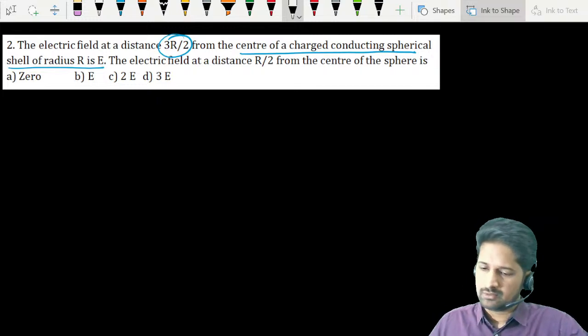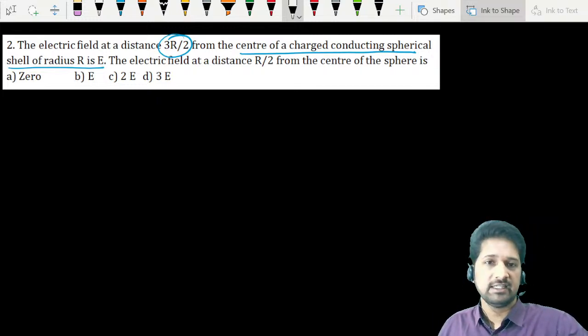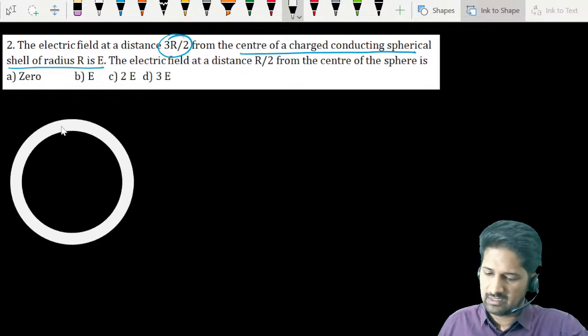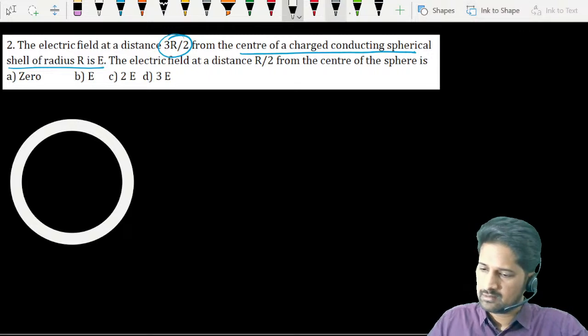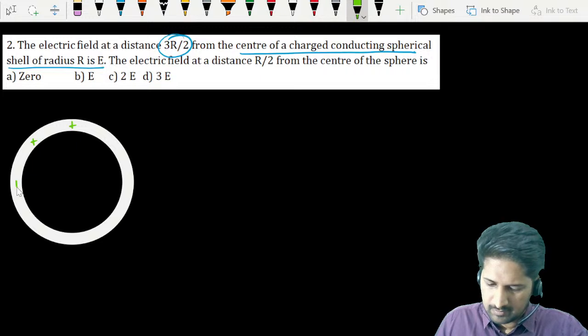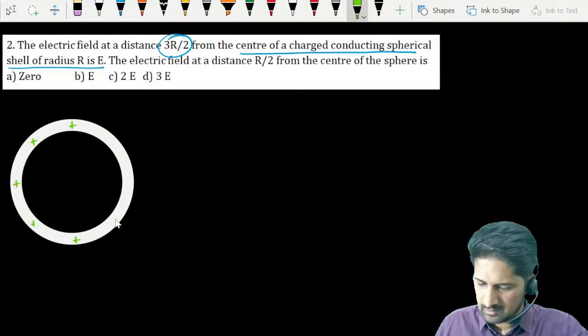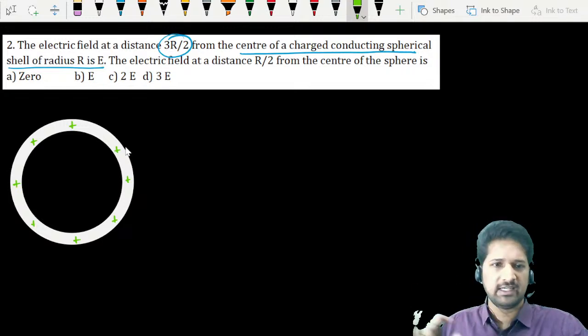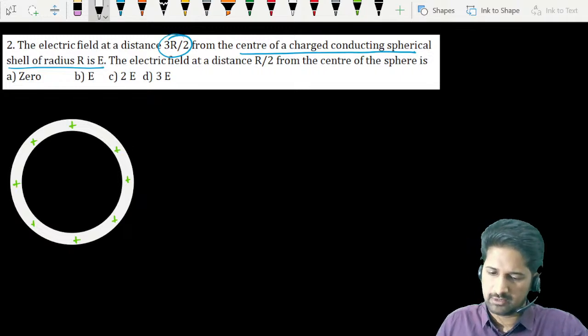So here they are talking about a charged conducting spherical shell of radius r. Imagine a charged conducting shell. Let's say it has positive charge. Now, since it's a conducting shell, the charge will be uniformly distributed. It is not influenced by any external agent, so it will be uniformly distributed.